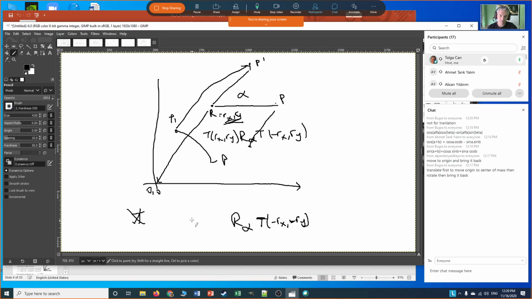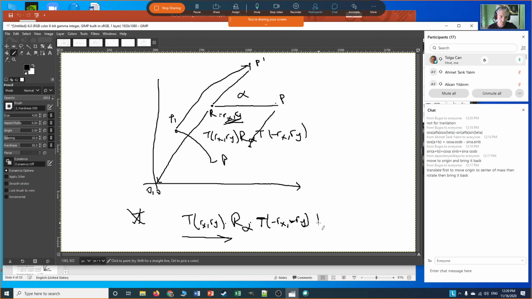And then another translation with Rx Ry amount. I'm doing this very naturally because I'm used to doing this a lot. But one thing you may have noticed is that if you read the matrices from left to right, it's actually the inverse of the order that we apply them on the point, right?